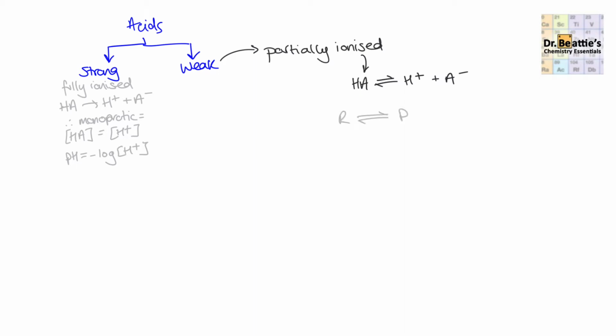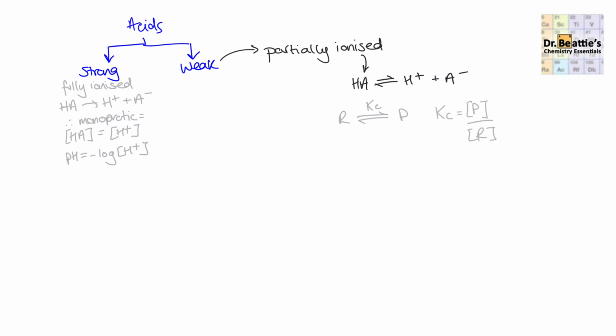Now, if we took the simple example of R being reactants and P being products, and it was a reversible reaction, then we could quantify to what extent the equilibrium lies on one side by the use of Kc. Kc is a ratio of the concentration of the products divided by the concentration of the reactants.